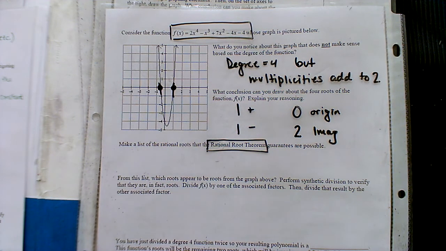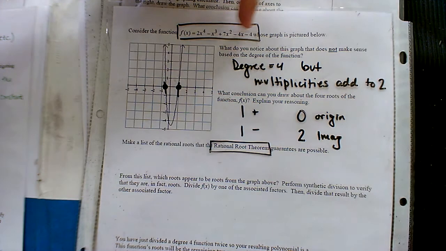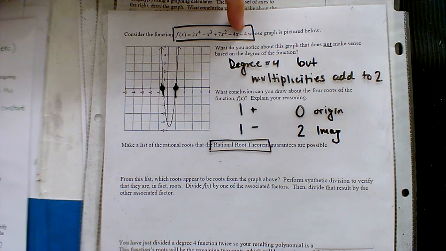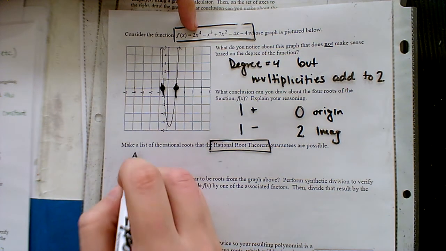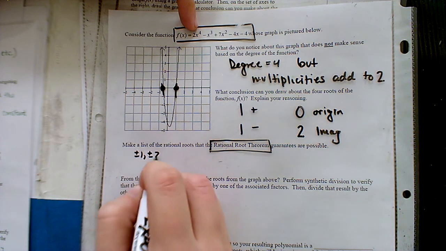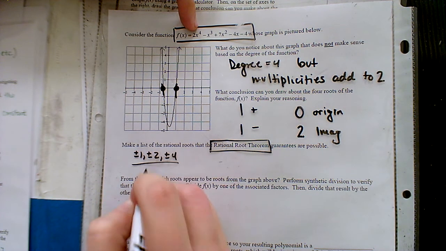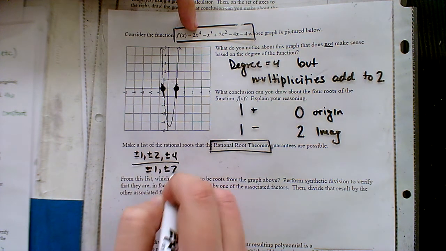Let's develop our list of all the possible fractional x-intercepts. We're going to need factors of 4, or rather -4, divided by 2. So factors of 4 over factors of 2.